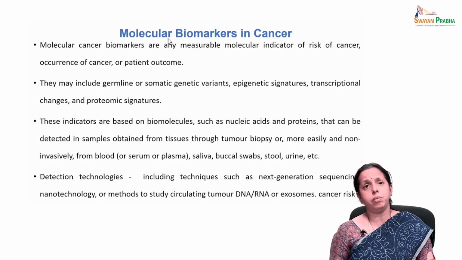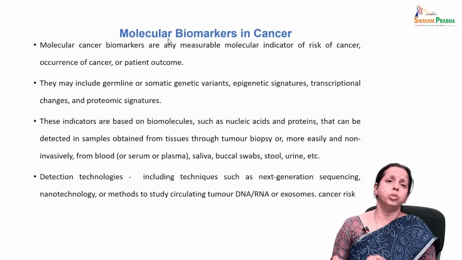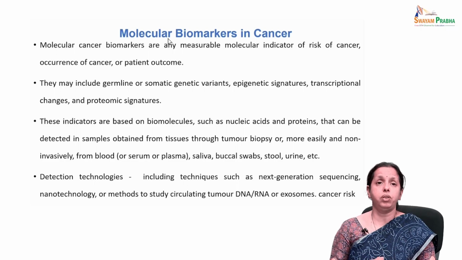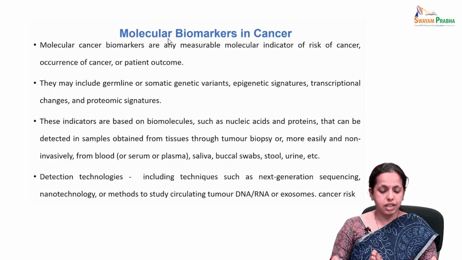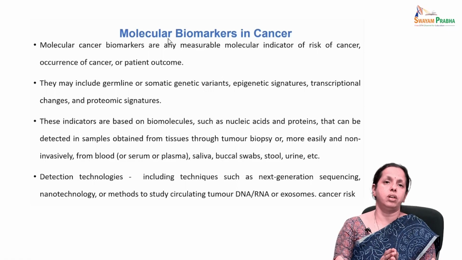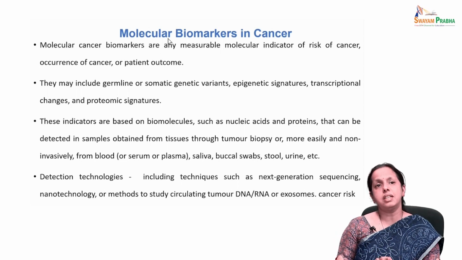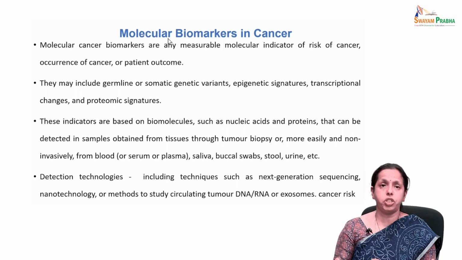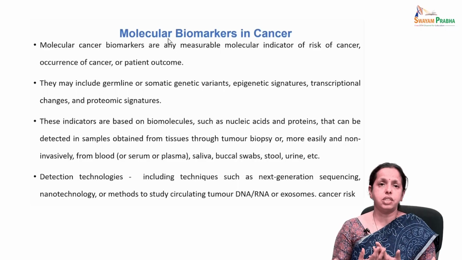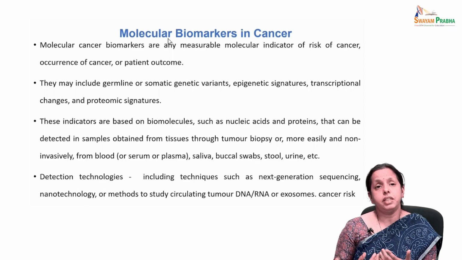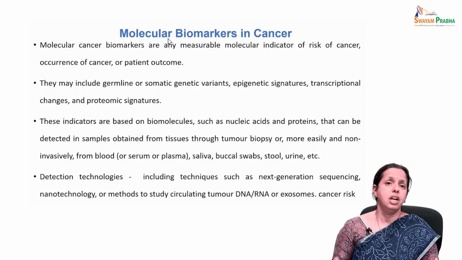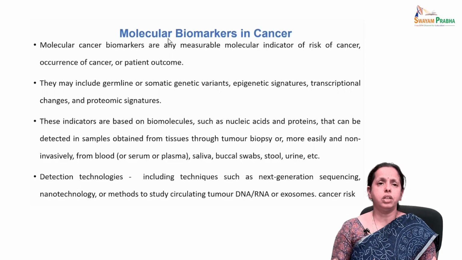These biomolecular indicators are mostly based on nucleic acids, your DNA and RNA, and your proteins, and usually these are taken directly from your tissue samples. For example, from the tissue itself you directly extract the RNA or the DNA, or you can even take them much more easily from your blood, like your ctDNA, or from the saliva, the buccal swabs, or the stool and urine.